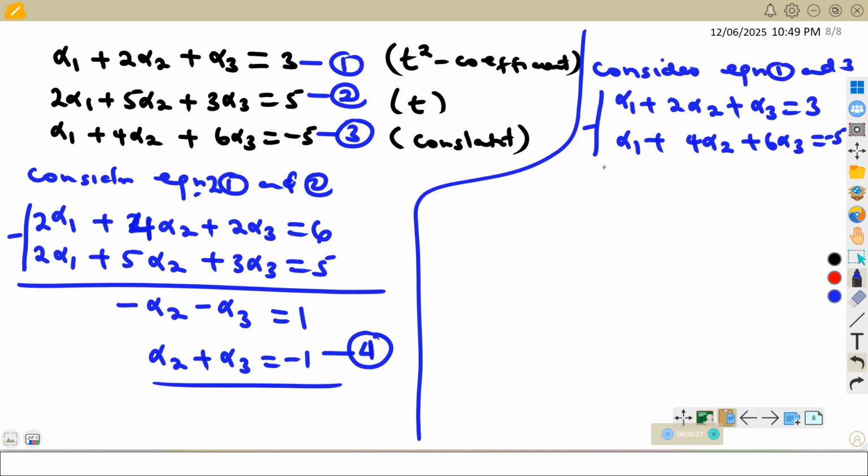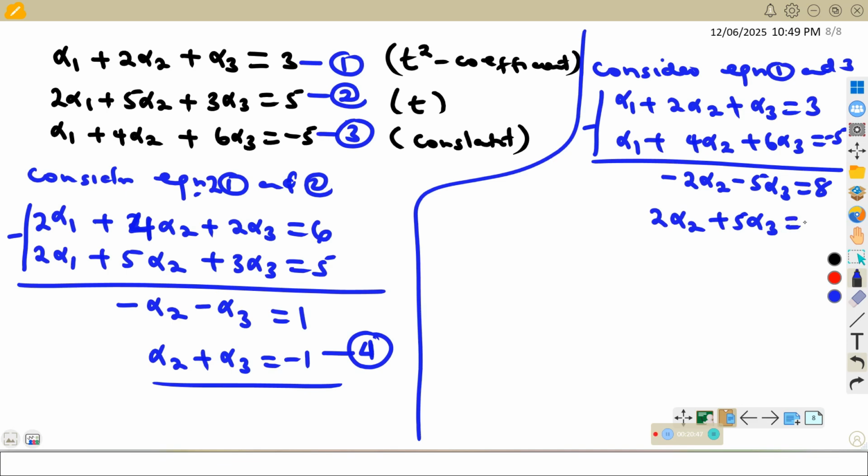So we shall simply subtract. This will give us minus 2 alpha 2, minus 5 alpha 3, which is equal to 3 minus negative 5, that is 8. So we multiply through, and that will be 2 alpha 2 plus 5 alpha 3, which is equal to negative 8. So equation number 5.